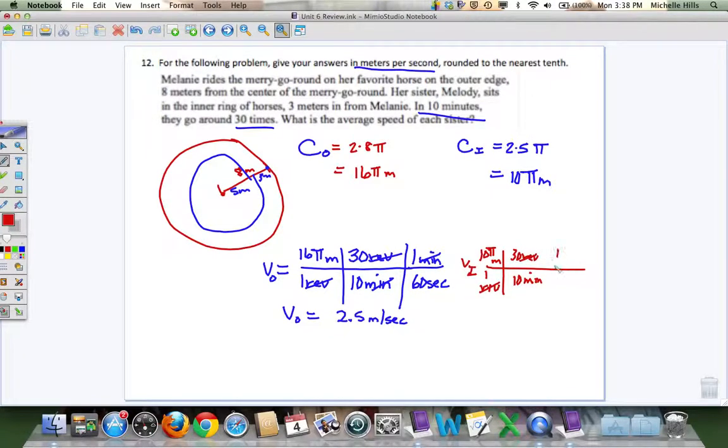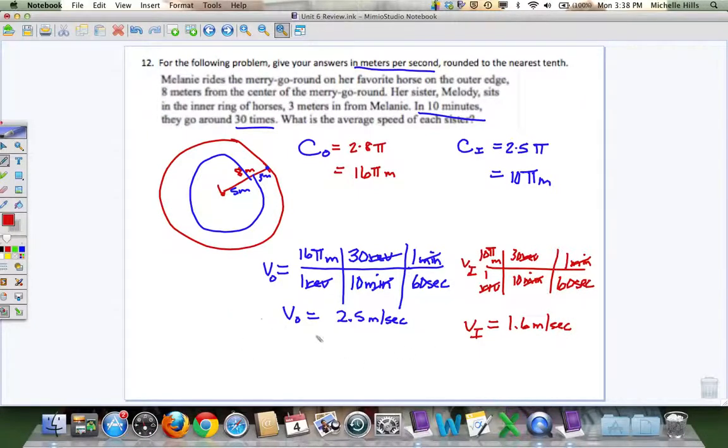And 1 minute is still 60 seconds. That part's not going to change. So the only thing that changes is how far she goes in one revolution. So when I take 10 times pi times 30, divided by 10 divided by 60, I end up with the velocity on the inner ring is 1.6 meters per second.